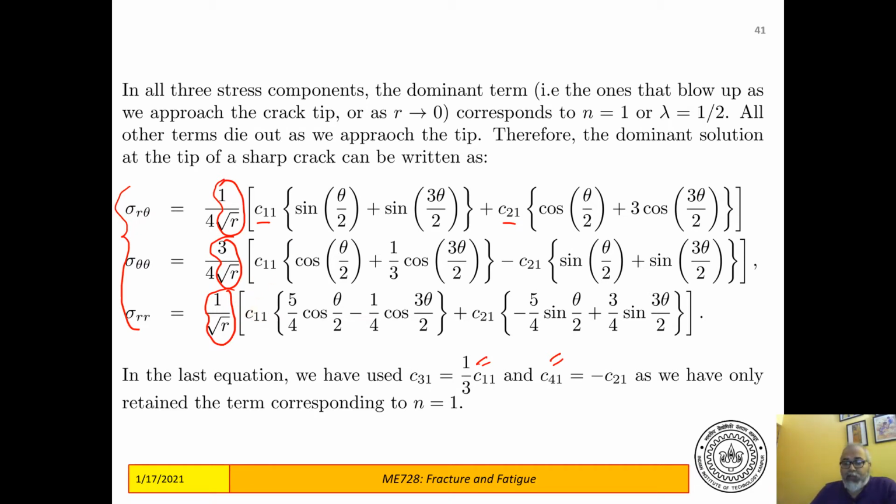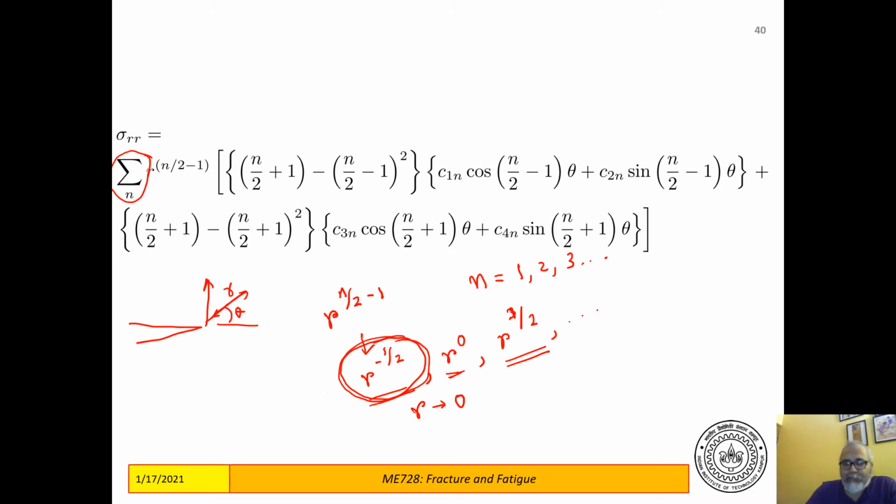I hope it is clear why we chose to retain only the first term and eliminate the rest. Obviously, at some distance away from the crack tip, these terms will start competing with this term. So as r increases, the other terms will start competing with the first term, and there the approximation that the n equal to 1 term is the most dominant one will obviously fail.